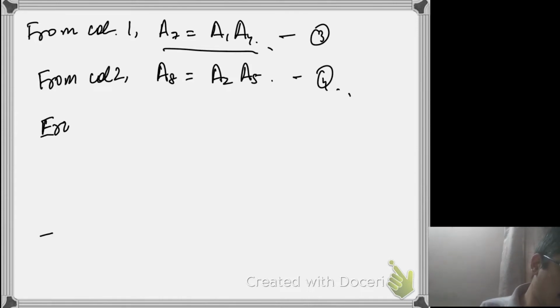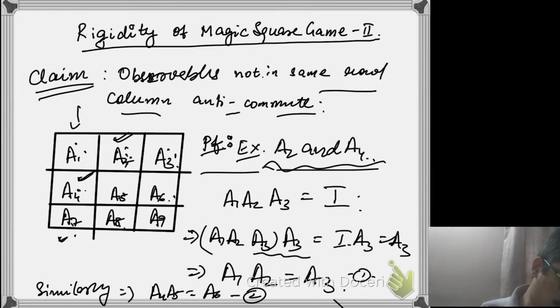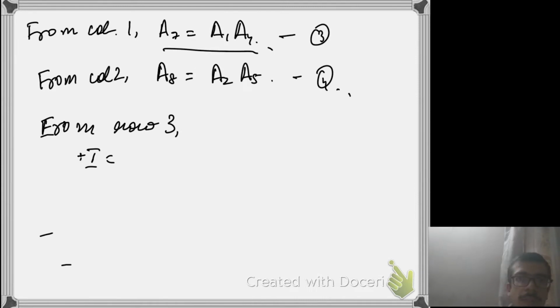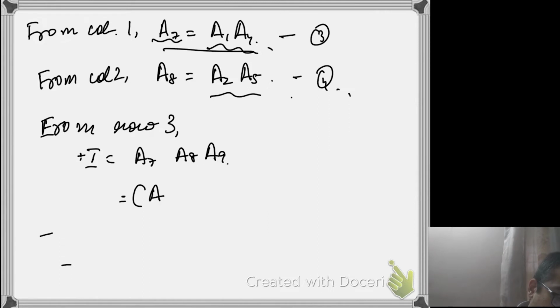From row 3, A7, A8, A9 also sum to 0 mod 2, so their product should be identity: A7 A8 A9 equals I. Here I substitute the values of A7 and A8 from equations 3 and 4, and I get A1 A4 A2 A5 times A9.